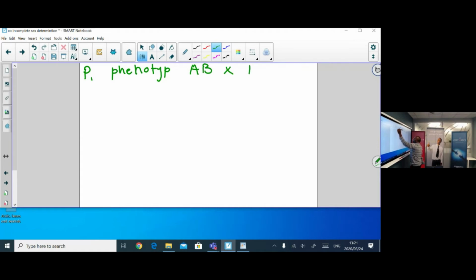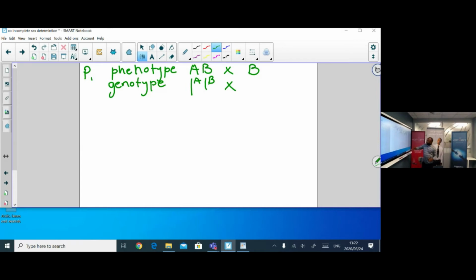Woman is a woman who is B. That's the phenotype. Parent 1 genotype. What will be the genotypes for AB? That's where we use our notation, I^A I^B.